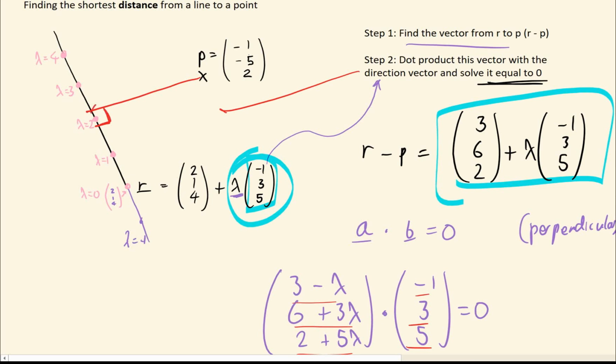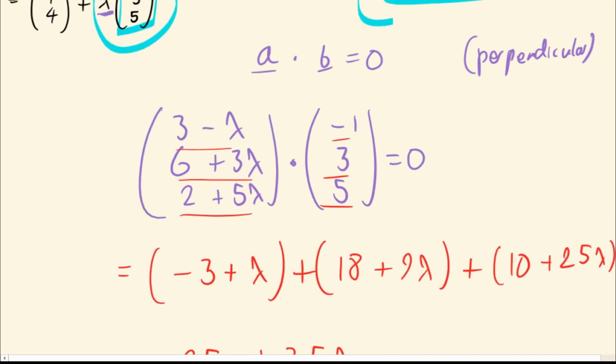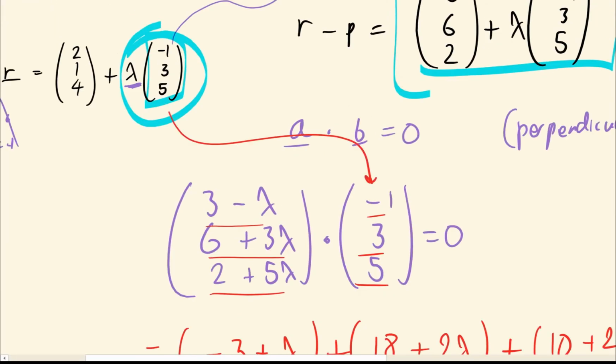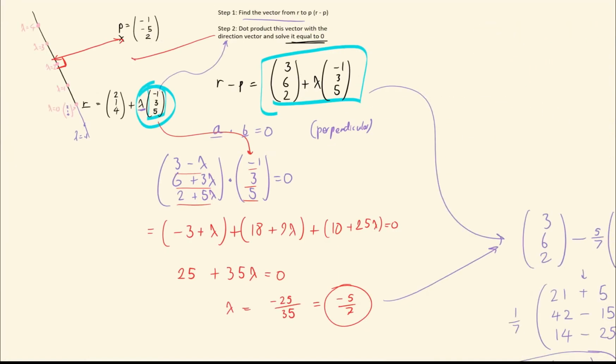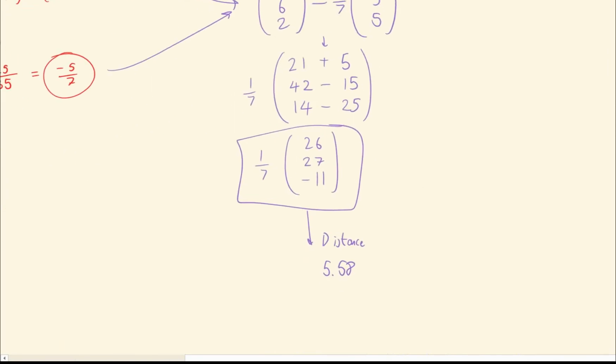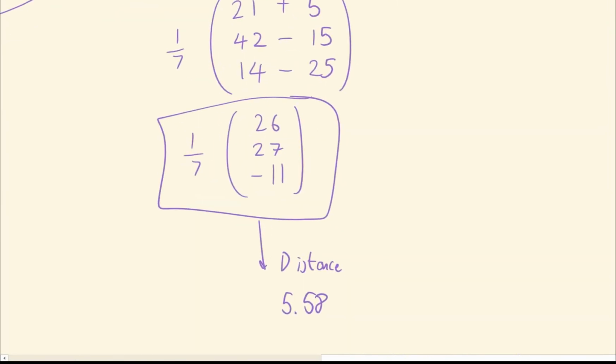And all we needed to do was just find the norm of that vector, find the length of that vector to find the shortest distance. And that's it. Okay? So you write the vector, you then dot product it with its own direction vector. That will then give you the value of lambda. You then plug it in, and then you can work out the distance from the new vector you get.